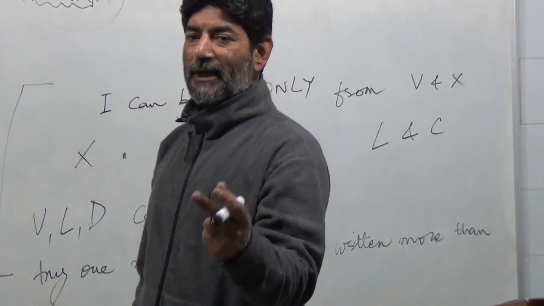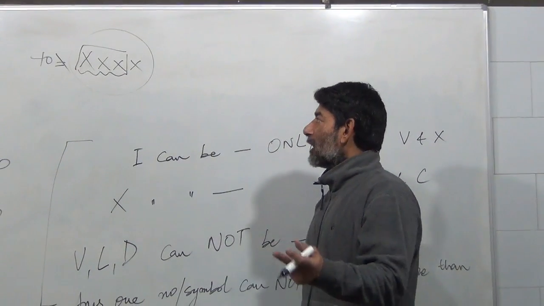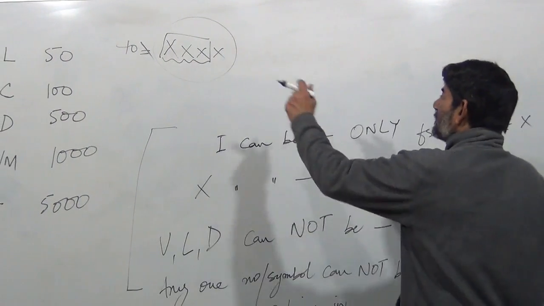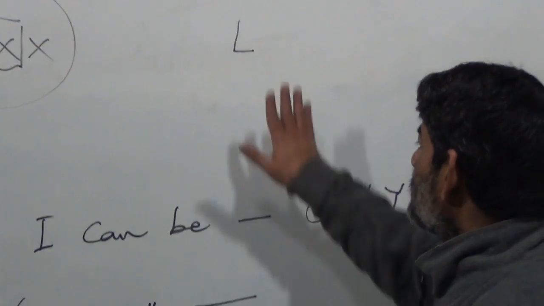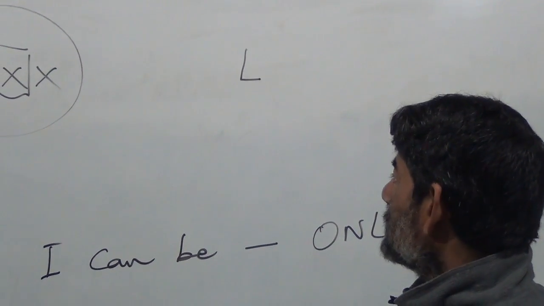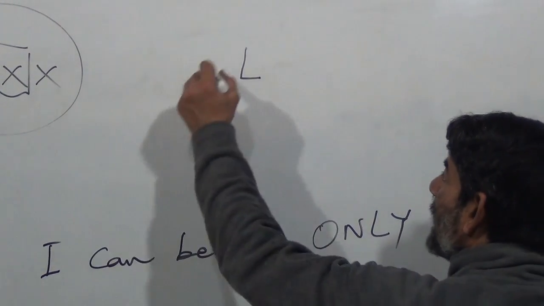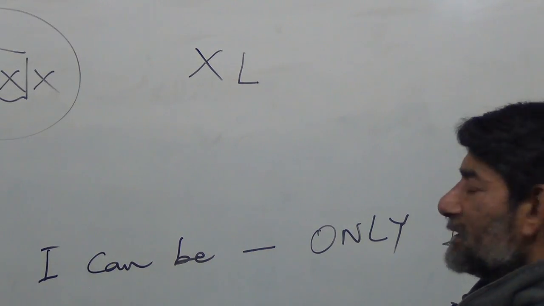50 minus 10. Now, how do I write minus? How do I write plus when I'm talking about Roman systems? The number 50 is represented by L. I have to subtract 10 from this to reach 40. And the way I'm going to subtract 10 from this is, the symbol for 10 is X. I will write the smaller number before the larger number.